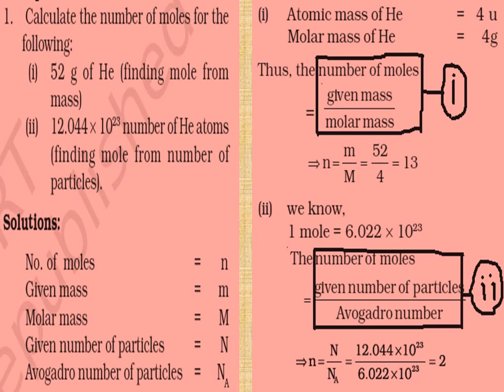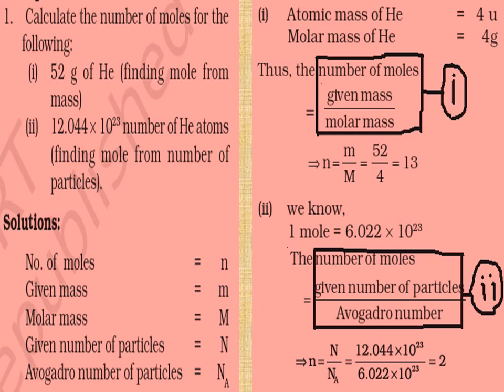The given mass is 52 and the molar mass is 4 grams. Dividing 52 by 4, we get 13. So 52 grams of helium is 13 moles.